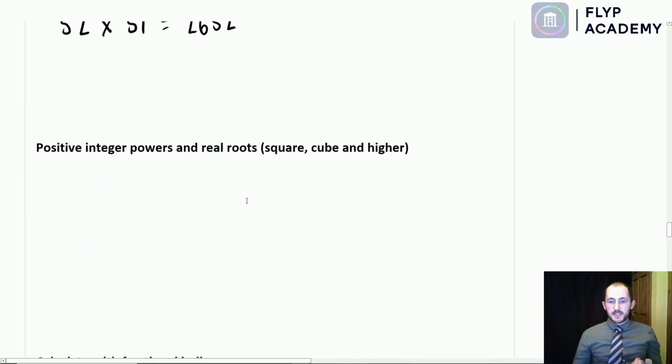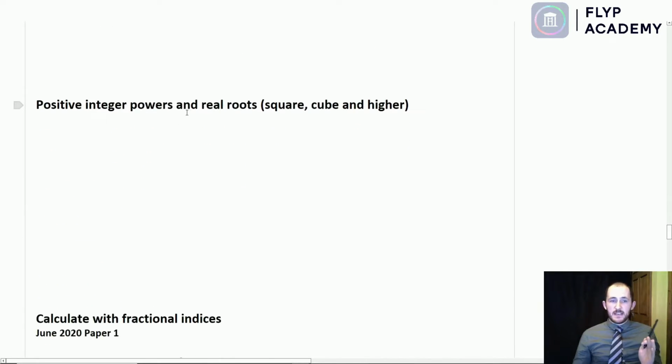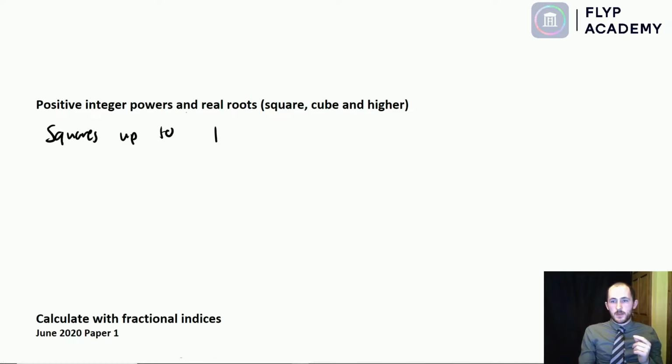Okay, next bit, again, it's fairly standard. It's just something that you have to know. So what you should be able to do is you should know all of the squares up to 10 squared. So, well, realistically, it should actually be, I've seen it go up to 13 squared, right? So you should be able to do 1 squared, 2 squared, 3 squared, 4 squared, 5 squared, right?